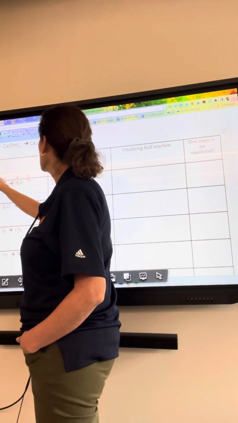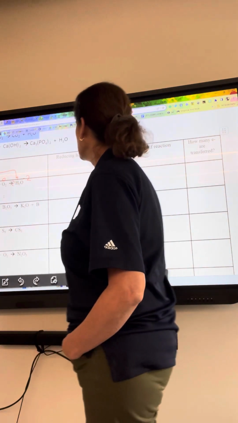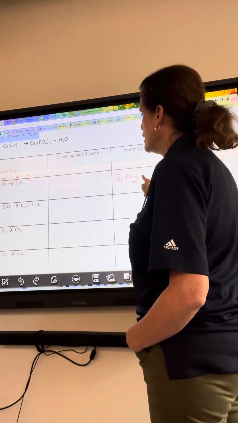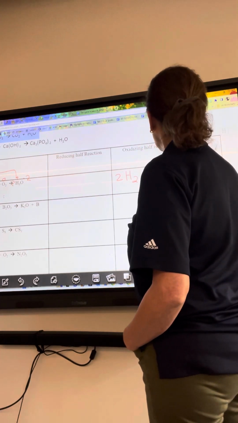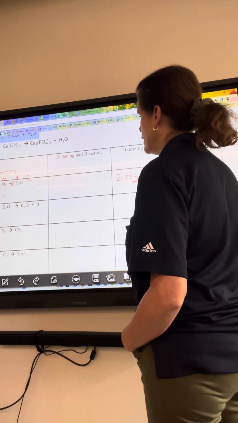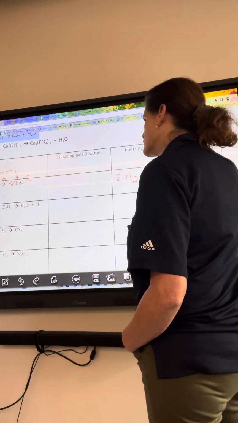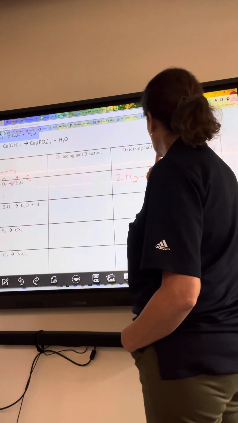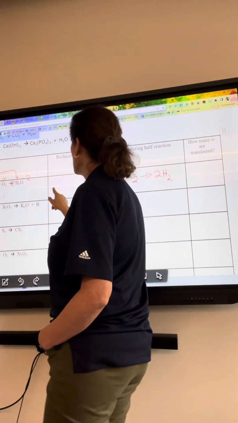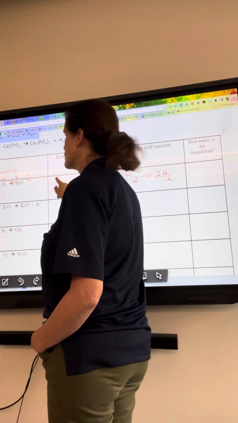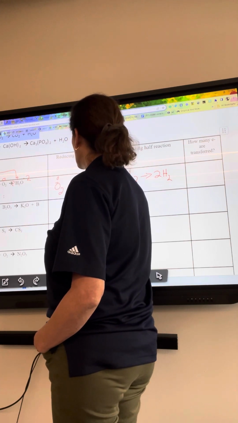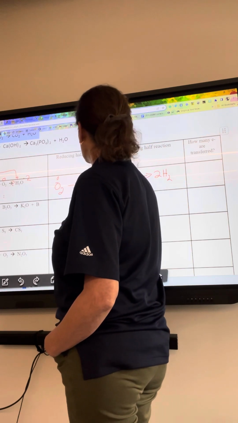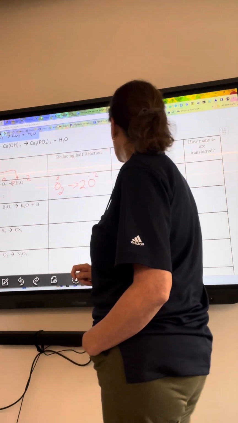So hydrogen is being oxidized, that's my half reaction, is 2H2, right? And then for the oxygen is O2, 2O. So you don't have to put the charges for O.